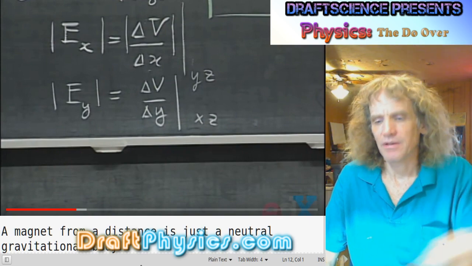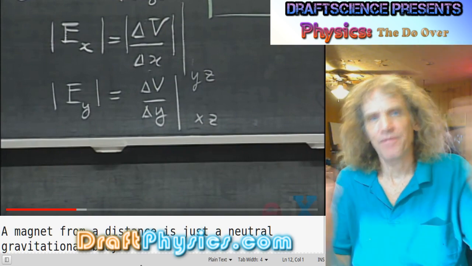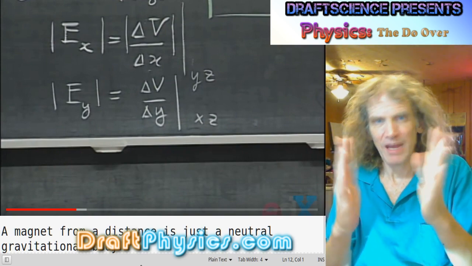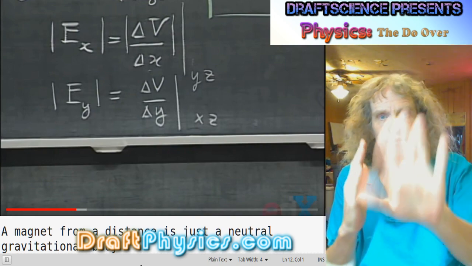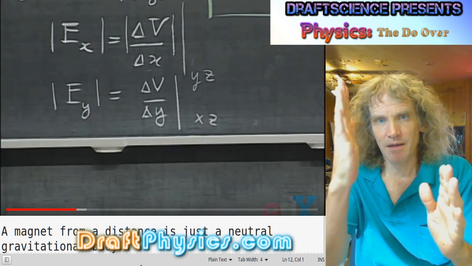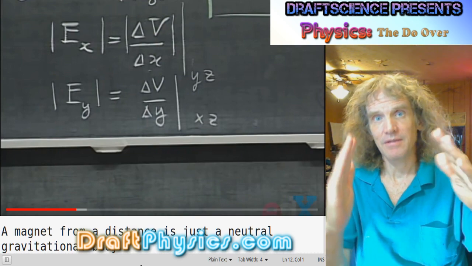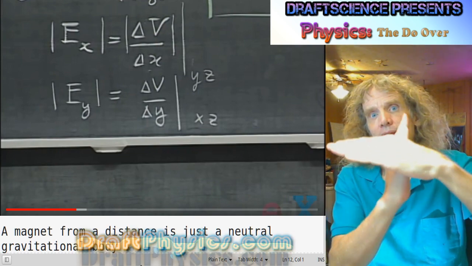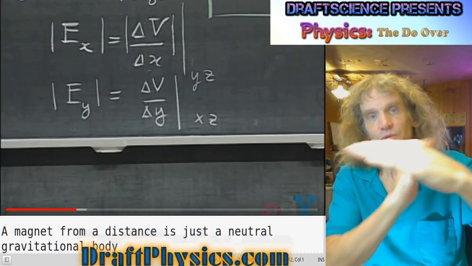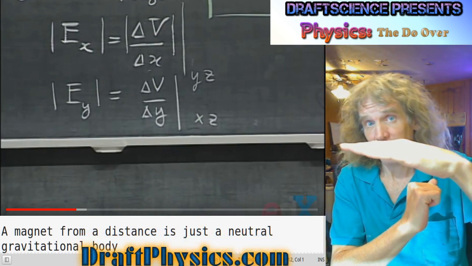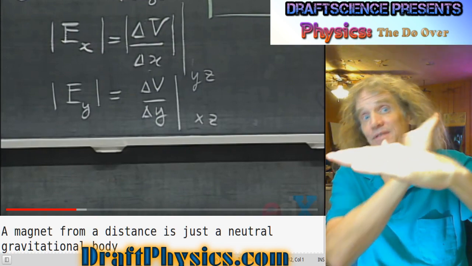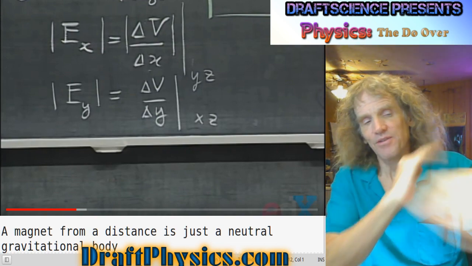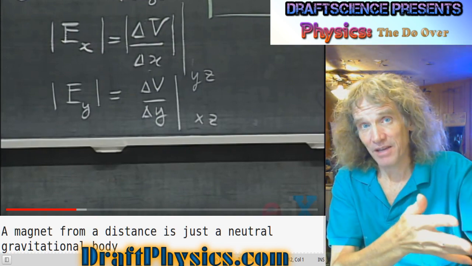See, by their logic, the magnetic and the electric field are supposed to be separate wave things, you know, one going this way and one going this way. But they tie them together in the sense that they both go out in phase. So when you have something in the electric field, you have something in the magnetic field. So in a sense, they're saying the same thing I just said.